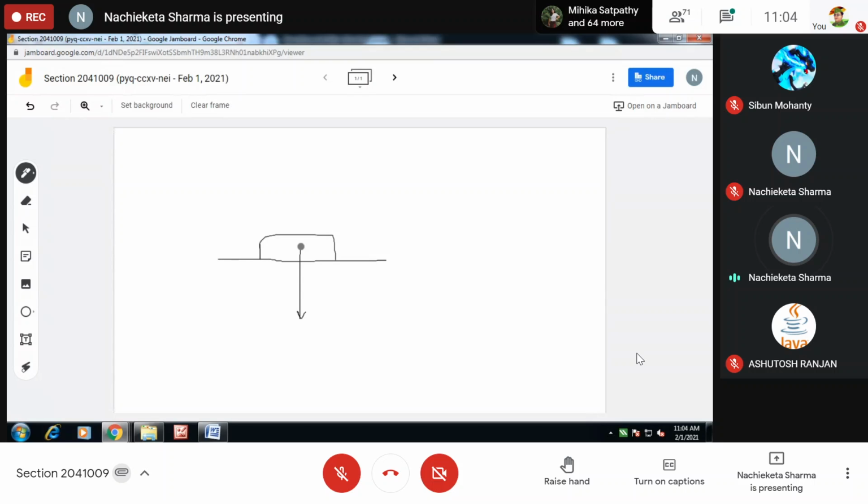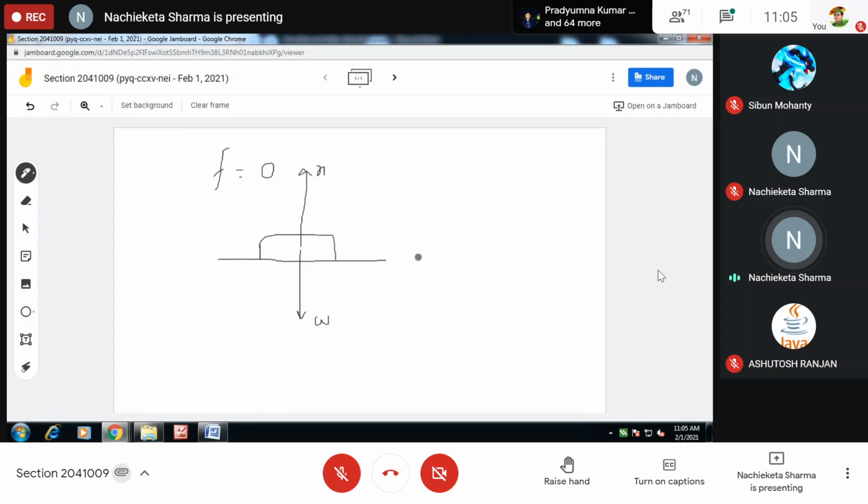Because there is no motion, it is at rest, the net force acting on the box is 0. And because the applied force is also 0, and the force of static friction is a self-adjusting force, the force of friction is 0. I have written this F as force of friction. So force of friction is 0.